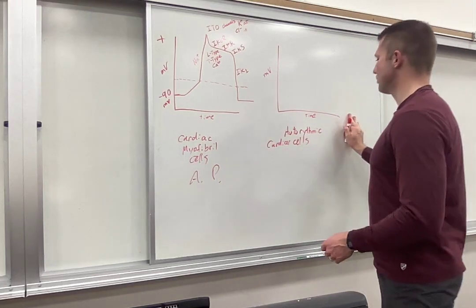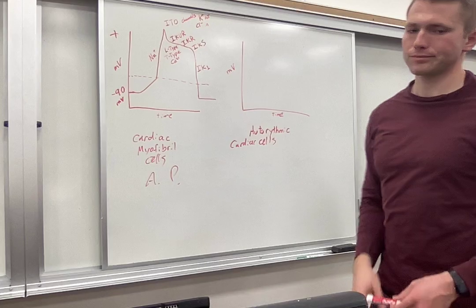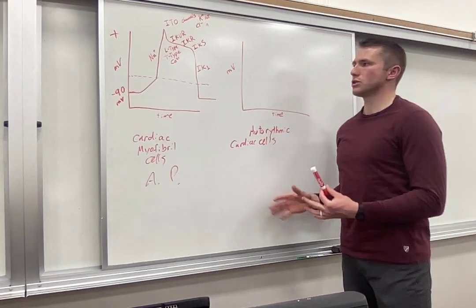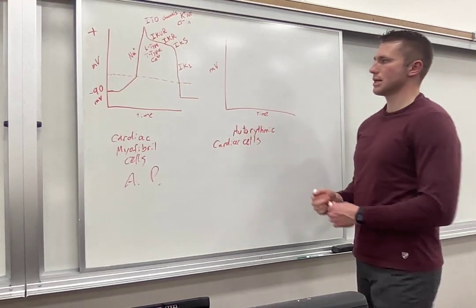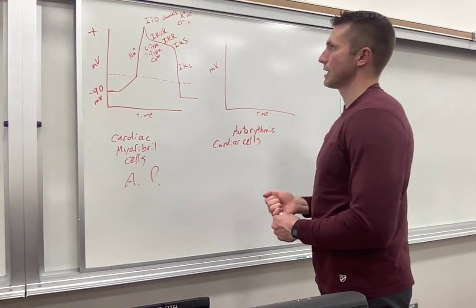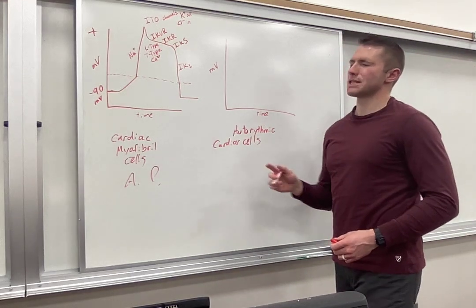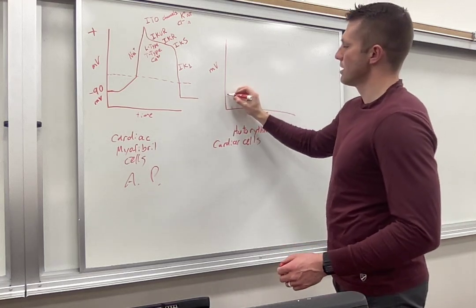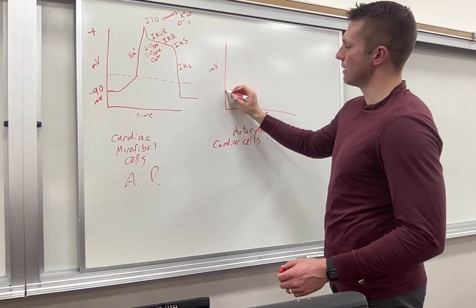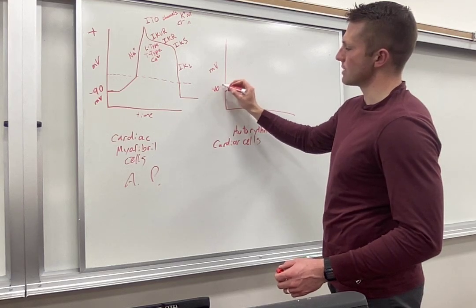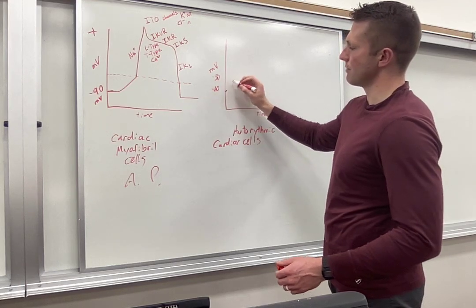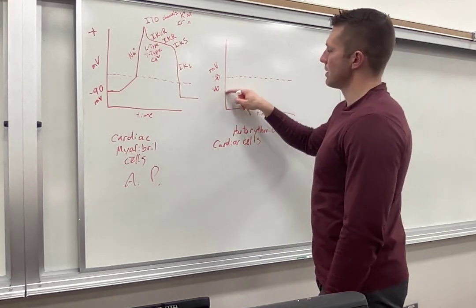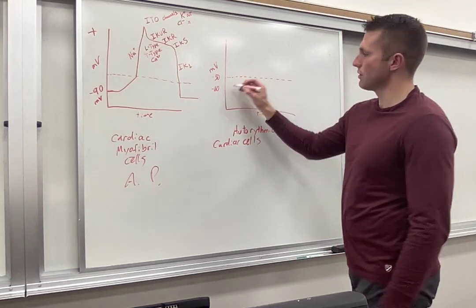All right, let's move to autorhythmic cardiac cells. This is so cool, so crazy how the cell can do this. I'll just explain it, and then I'll go into some details about it. So we're here, this is like negative 60. Here's like negative 50 millivolts. That's threshold. Well, we just start off.